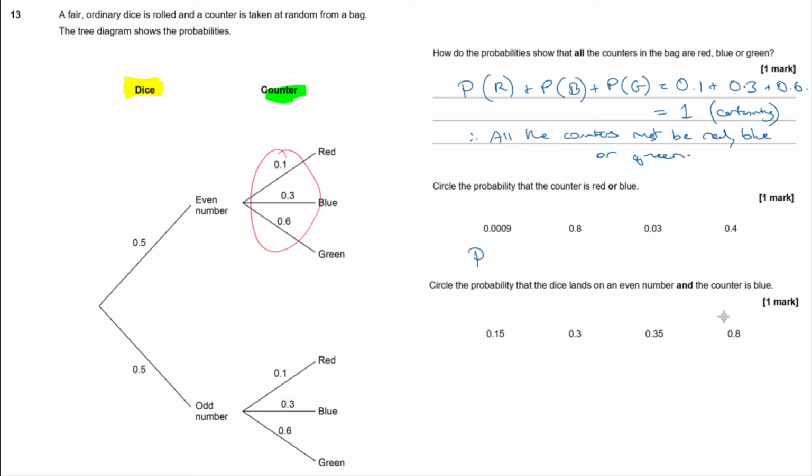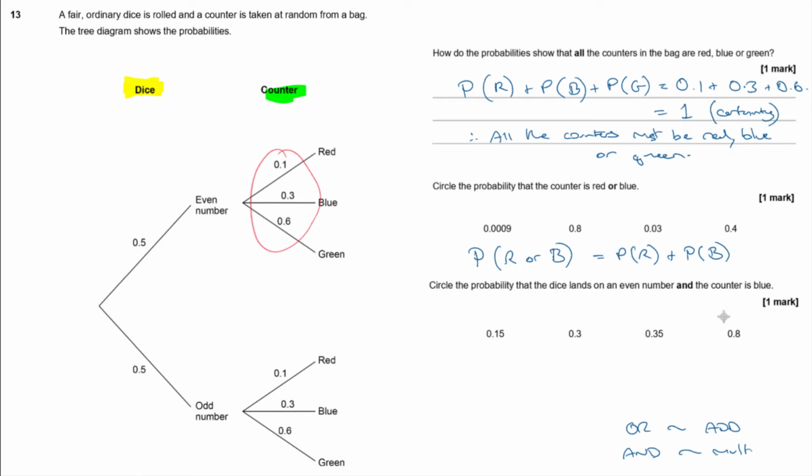Okay, circle the probability that the counter is red or blue. So that's going to be the probability of it being red plus the probability of it being blue, because in probability, or means add, and and normally means multiply.